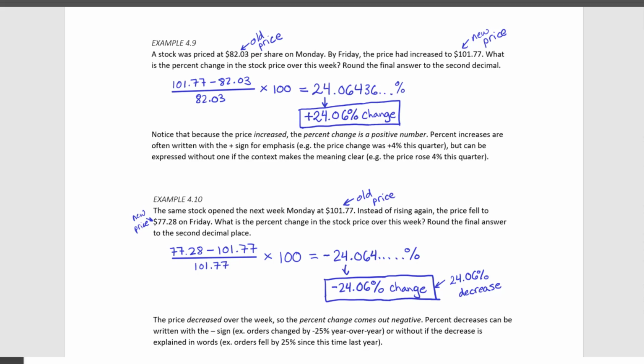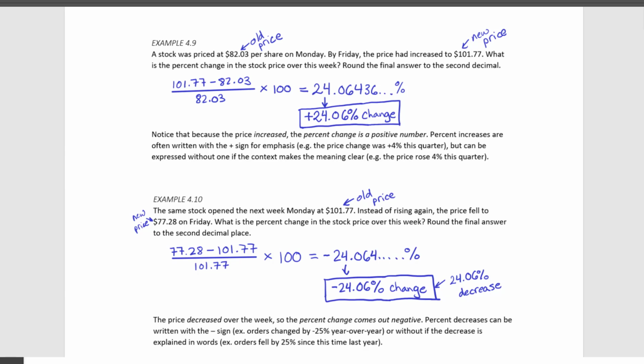How come the percentages came out the same? It's because the old price in each case was different. So the second week, our old price was $101.77. So a 24.06% fall from that is 24.06% of $101.77 lopped off.